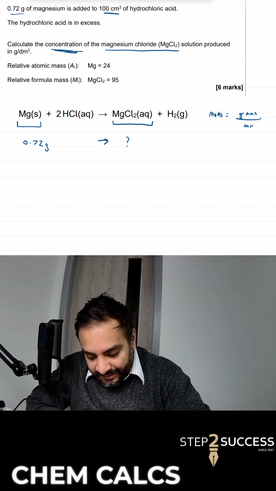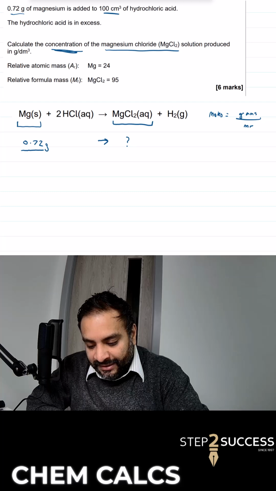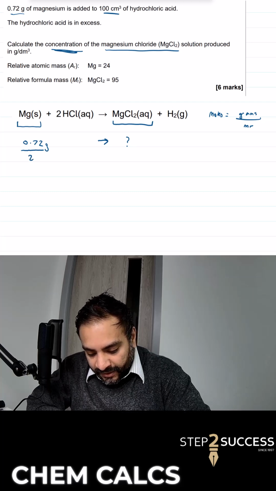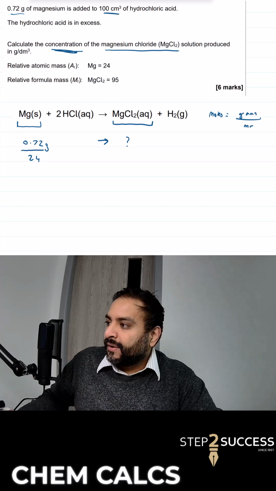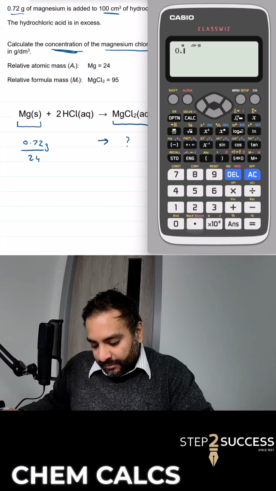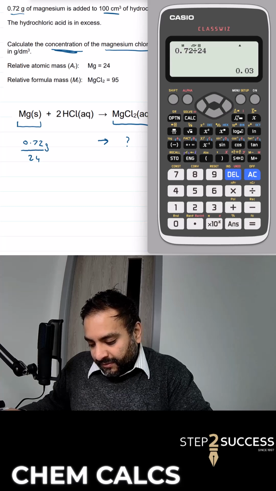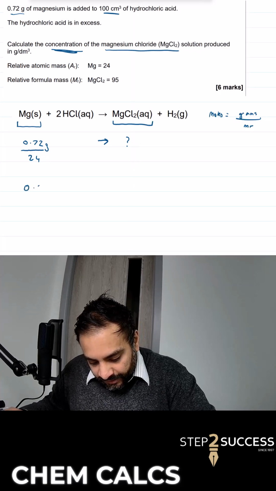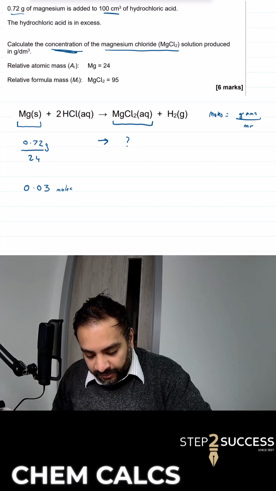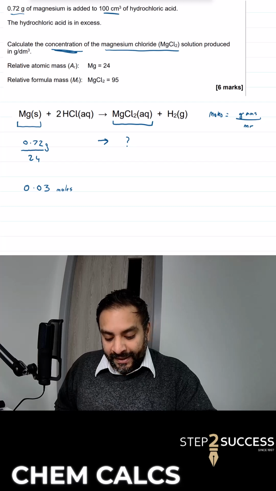So in this case, we're going to divide this by the relative atomic mass of magnesium, which is 24. 0.72 divided by 24. Remember, you have a calculator for everything, so 0.72 divided by 24 will give you 0.03. That is telling you that we are going to start with 0.03 moles of magnesium.